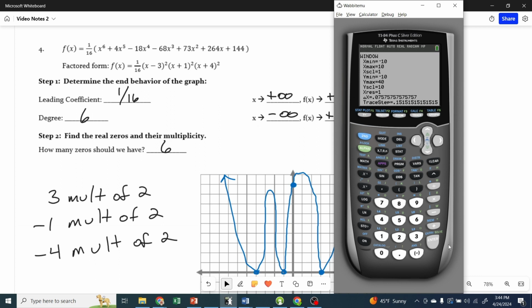There's 40. And we'll change this scale to 5. Let's see what we get here. Something a little bit more. There we go. All right, that's not bad.